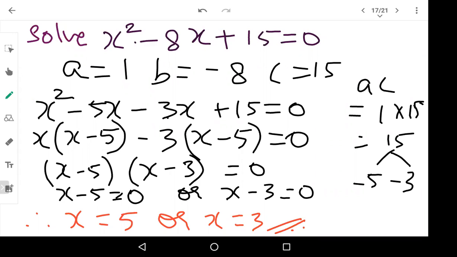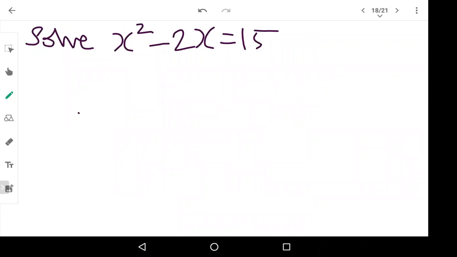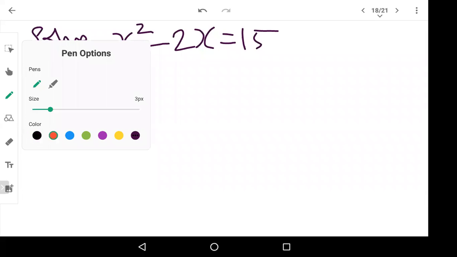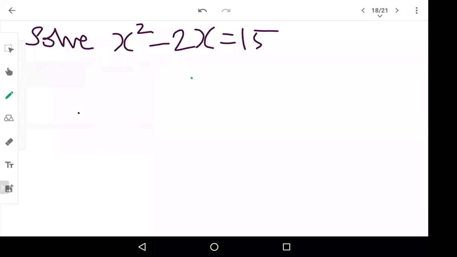Very good. Everybody got the answer. Next question. Try. Firstly, you have to get this into the format ax square plus bx plus c is equal to 0. So first get it into the format and then you can start solving.